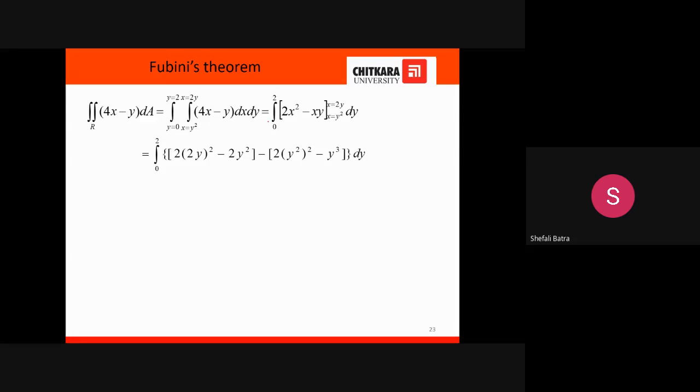Then put the limit. It would be 2 to y square minus of 2y square minus of 2 y square minus of y cube, and you will simplify it. Yes, the answer is 36 by 5. Correct answer. I hope this question is clear to everyone. If anyone is having any doubt, then please ask, beta.